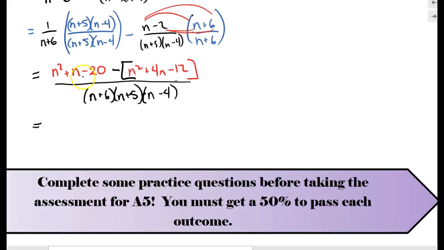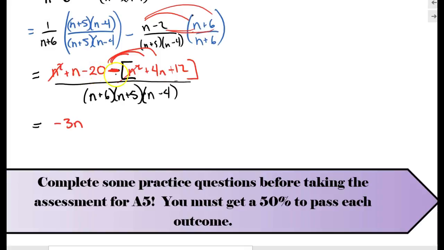Last but not least, I'm going to collect like terms. Now remembering that I'm subtracting here, n squared minus n squared actually cancels out. So the subtraction is applying to everything inside the bracket. N minus 4n is negative 3n. And then negative 20 subtract negative 12 is the same thing as adding 12.